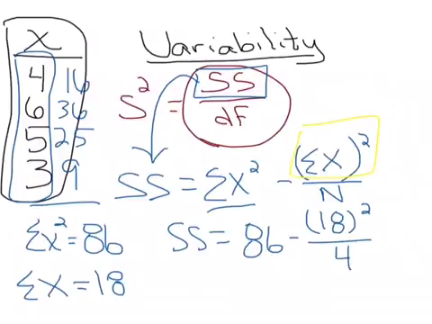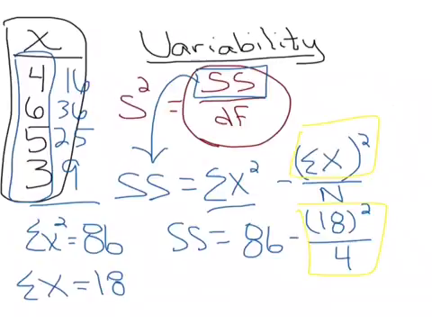Okay? So when you plug that into your calculator, be very careful that you're doing things in the right order, because that second portion, I'm going to highlight it, is a separate standalone fraction that you're going to subtract from the 86.